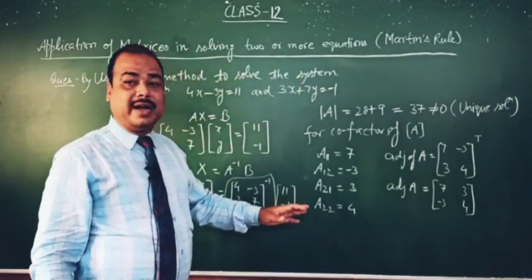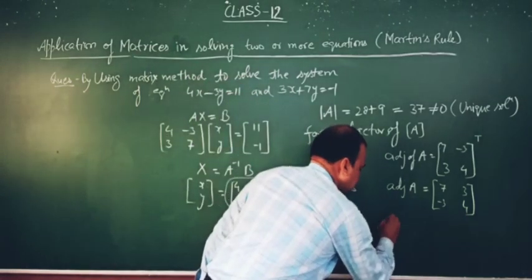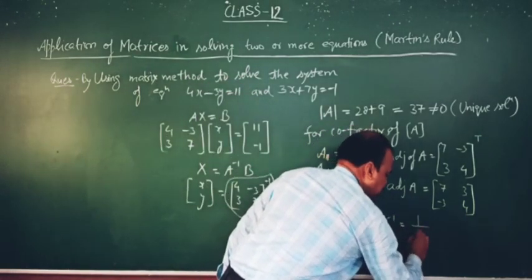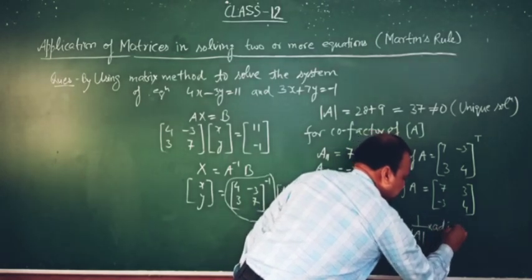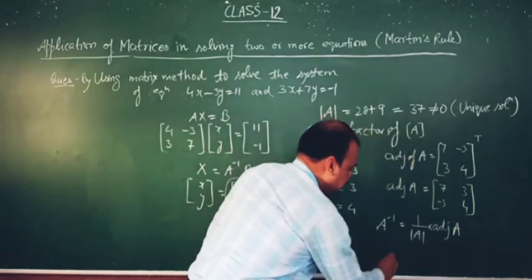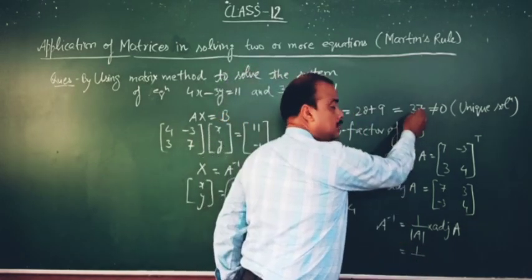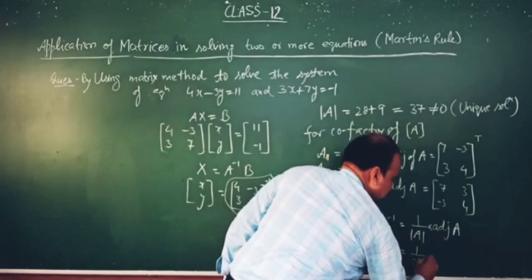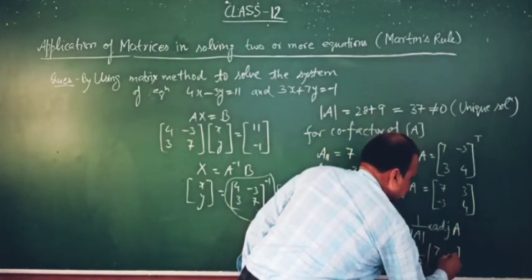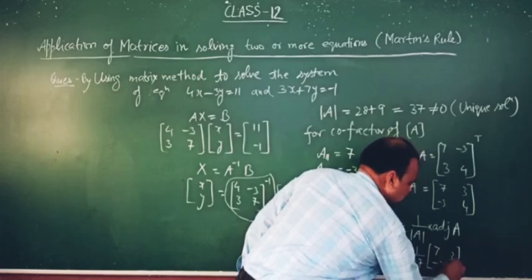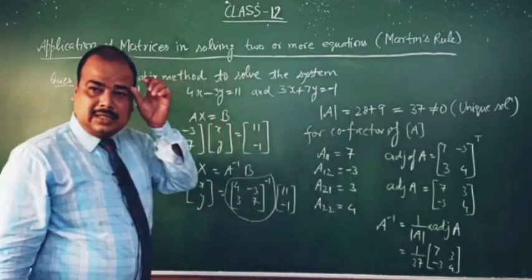Now, we have to find the inverse of this matrix A. Inverse of A equal to 1 upon determinant of A multiplied by adjoint of A. It means 1 upon determinant of A equal to 37 and adjoint of A is 7, 3, minus 3, 4. This is the inverse of matrix A.